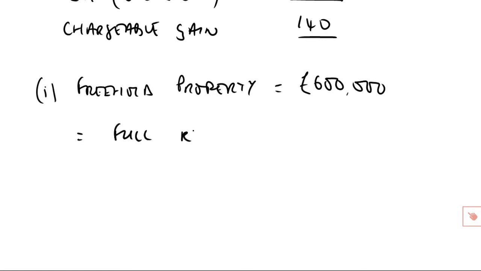It equals full rollover relief. Full rollover relief means that all of that chargeable gain of £140,000 will be deferred. The corporate tax computation will show chargeable gain nil. See Note 1, Note 47, whatever it might be, that would explain that the chargeable gain of 140 would then be eligible for full relief.